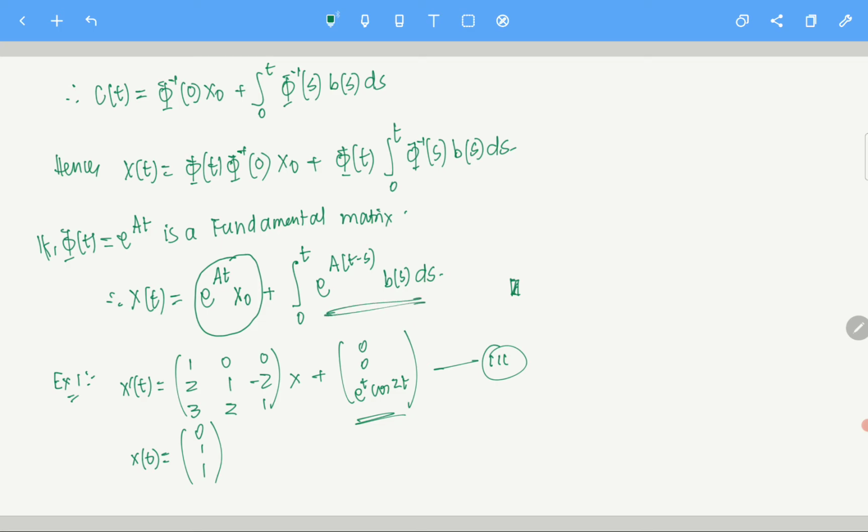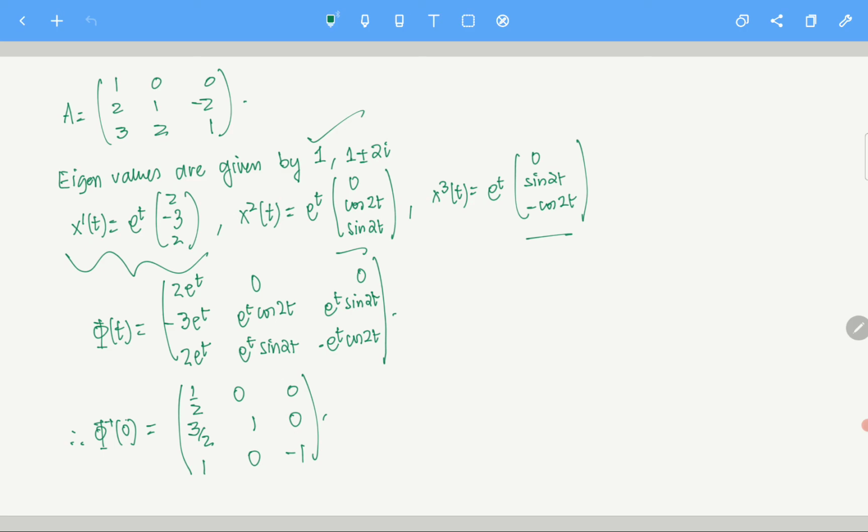Before doing that, let's first calculate e power at. E power at is phi of t phi inverse of 0, right? So let's calculate phi of t phi inverse of 0, that is e power at.